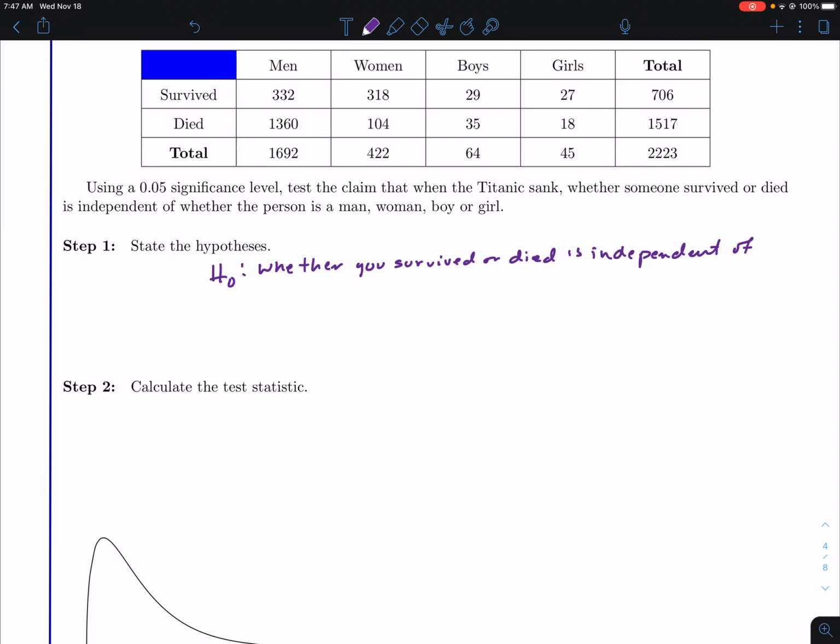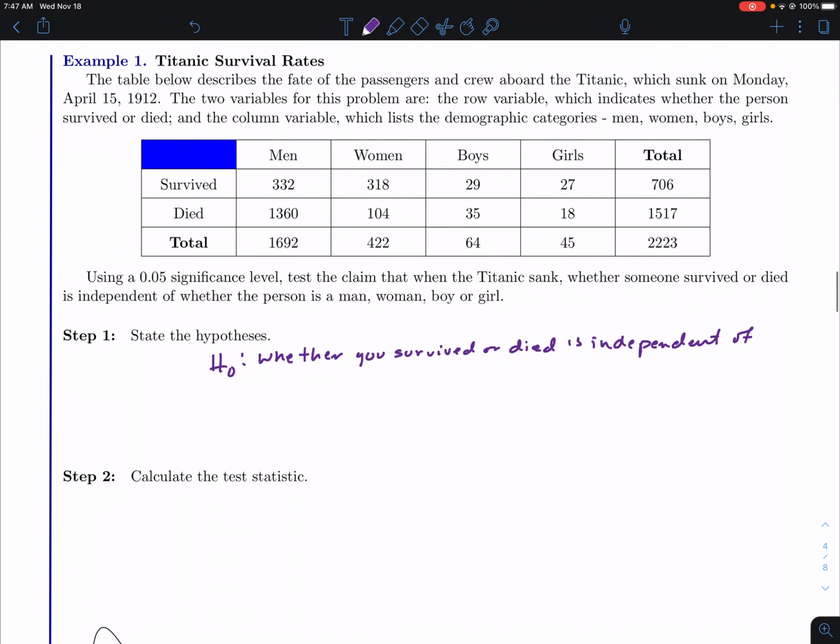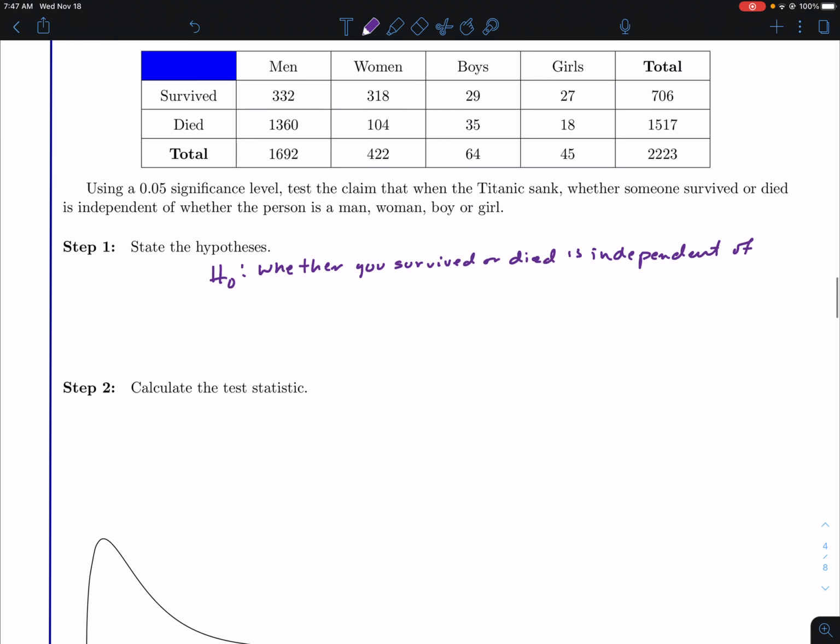I don't know how to word this, like demographic. We'll do that, so I don't have to write the whole thing out. So H1 is dependent of demographic.